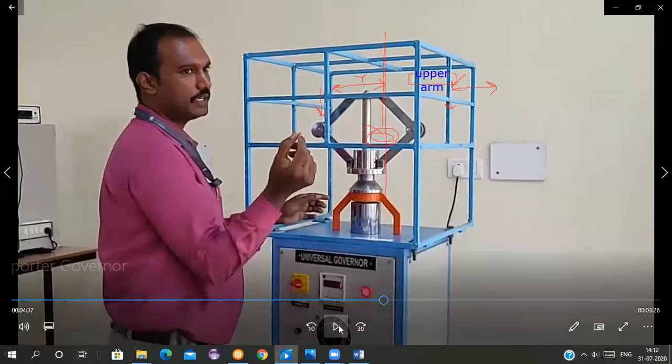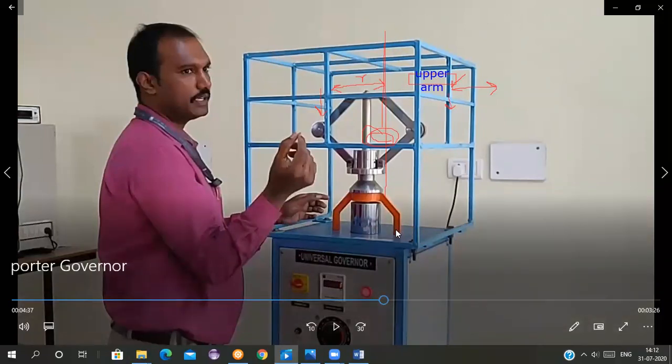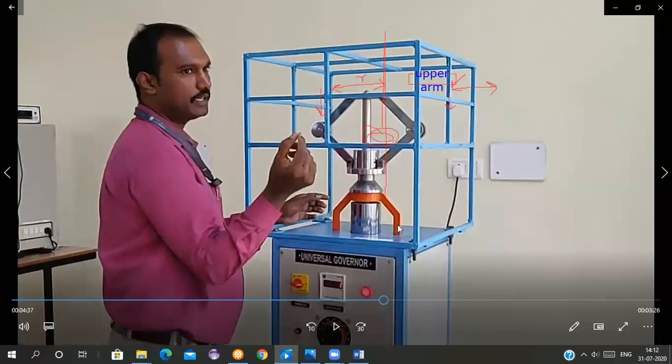At different speeds we have to find out the sleeve lift, that is, how many centimeters this sleeve is lifted. We have to note that, and at last we have to find out the controlling force versus the speed.